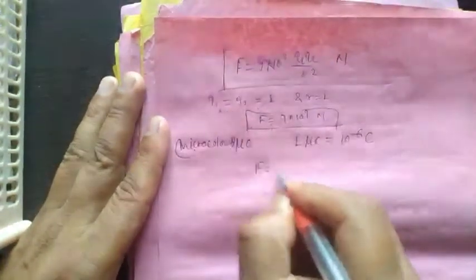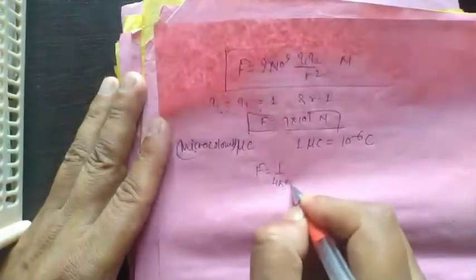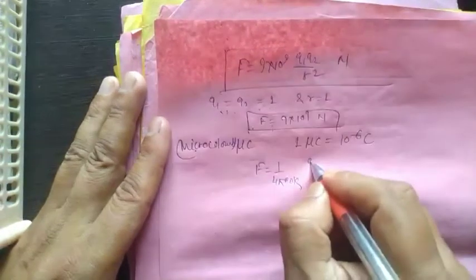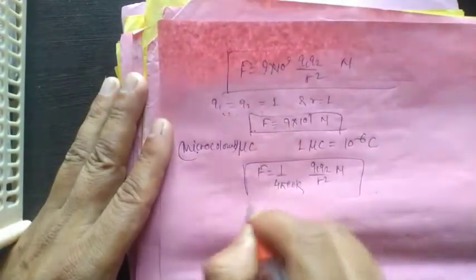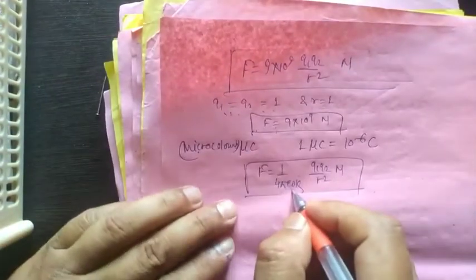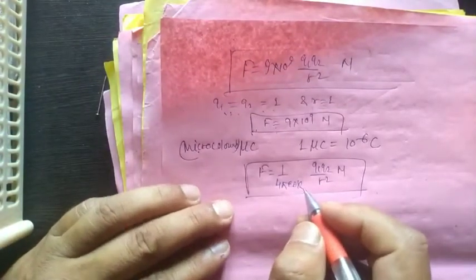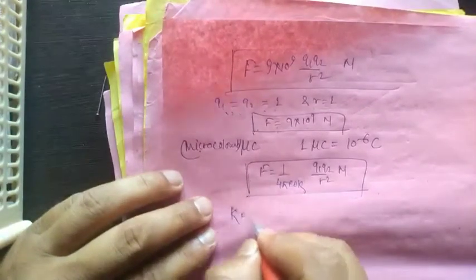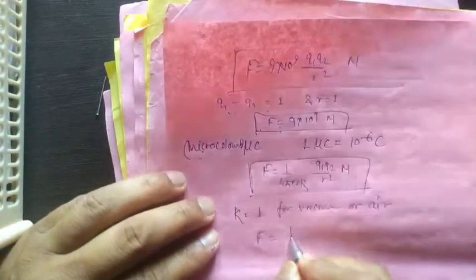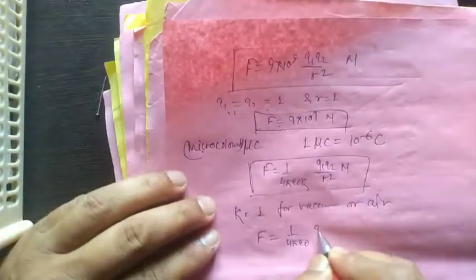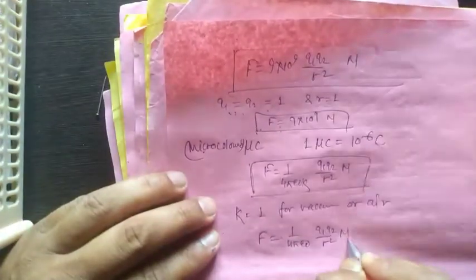Finally we can write one upon 4 pi epsilon naught also has a value equal to K. K equals 1 for vacuum or air. Then F equals 1 upon 4 pi epsilon naught Q1 Q2 upon r square Newton.